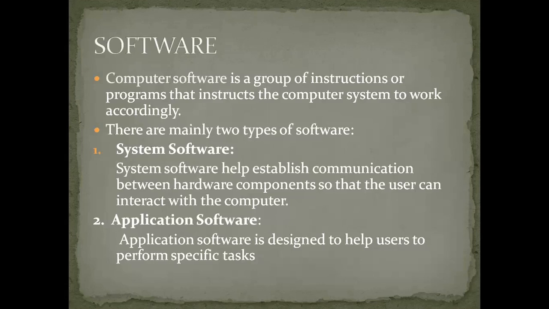Now, what is software? It's a collection of programs or instructions that instruct a computer to perform arithmetic or logical operations. Based on the instructions, the computer will do some operations. There are mainly two types of software.